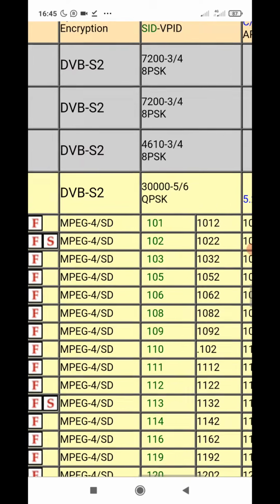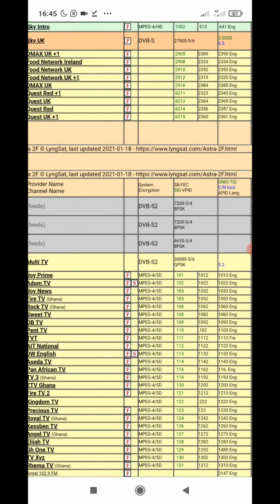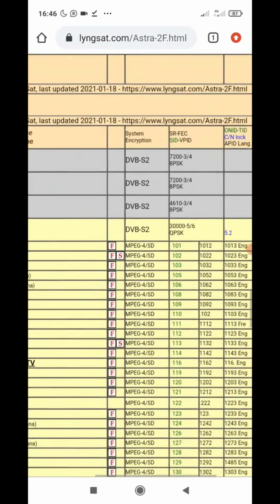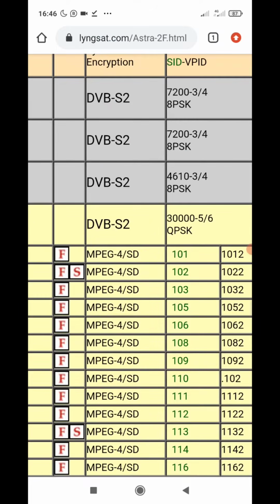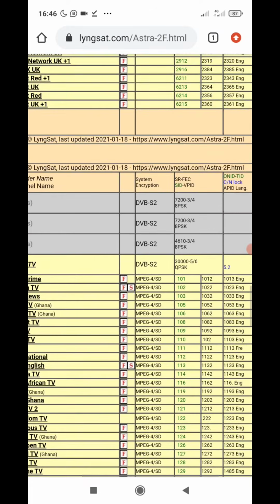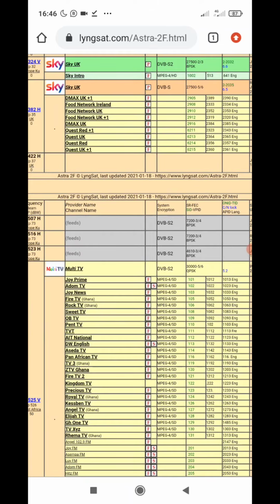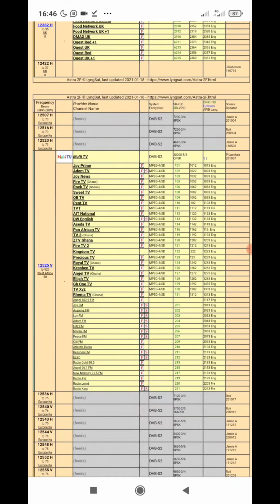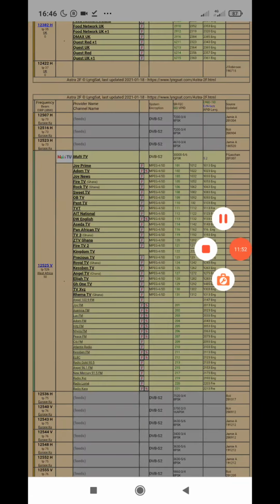So that is what you will input into your decoder. You input 12525V, that is your frequency, inclusive of 30,000. So that is the combination of your frequency and your symbol rate. Okay, so let's go back to the tutorial.